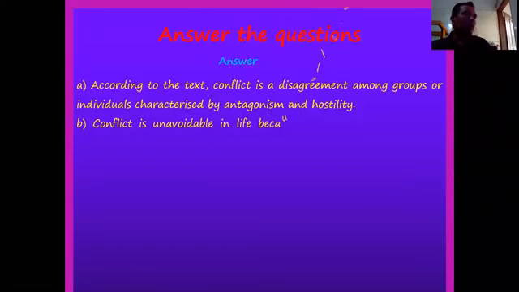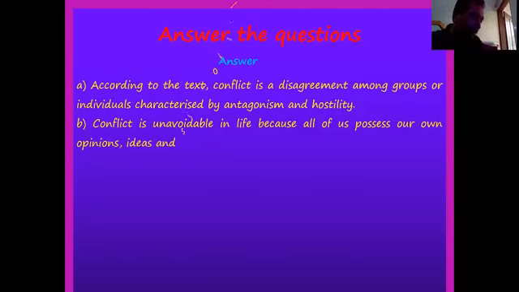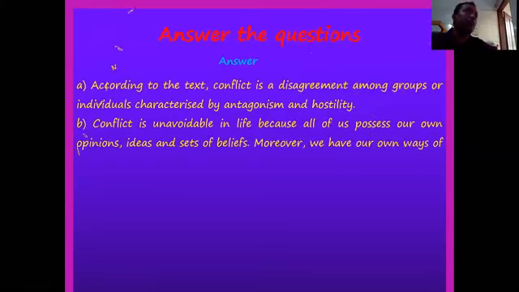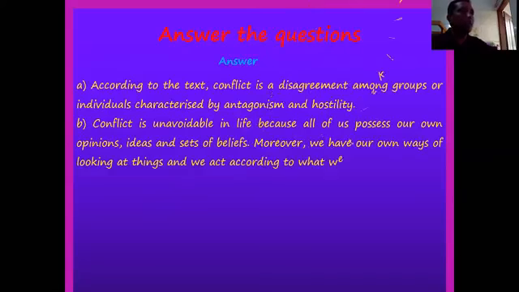Now B, this question is most probably answered from our paragraph 2. Conflict is unavoidable in life because all of us possess our own opinions, ideas, and sets of beliefs. Moreover, we have our own ways of looking at things and we act according to what we think is the proper.